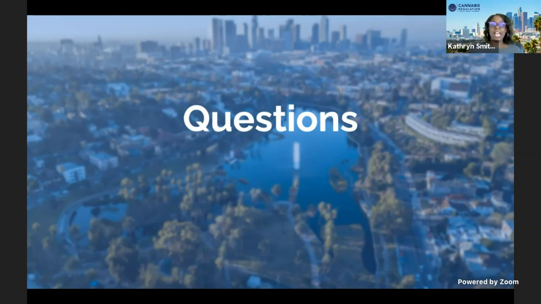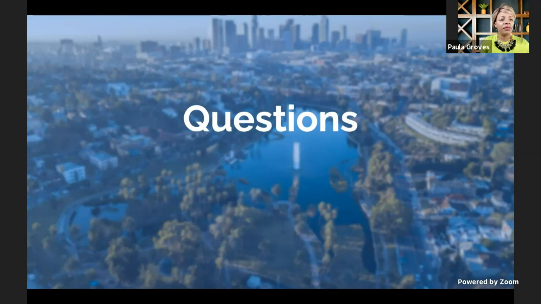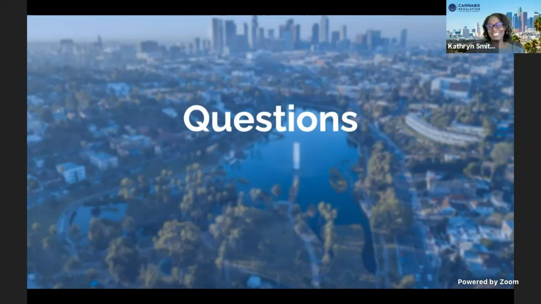All right, another question. Can people from Sacramento apply? Well, this is really a question for you, Catherine, but don't you have to be a verified social equity applicant in Los Angeles? This is correct. A verified social equity applicant in the Department of Cannabis Regulation, City of LA.